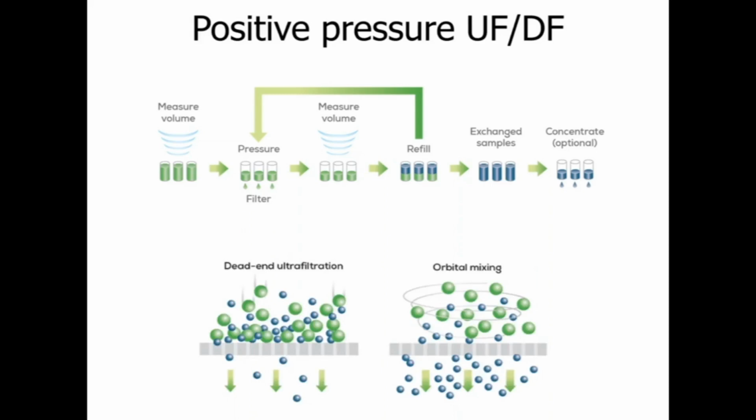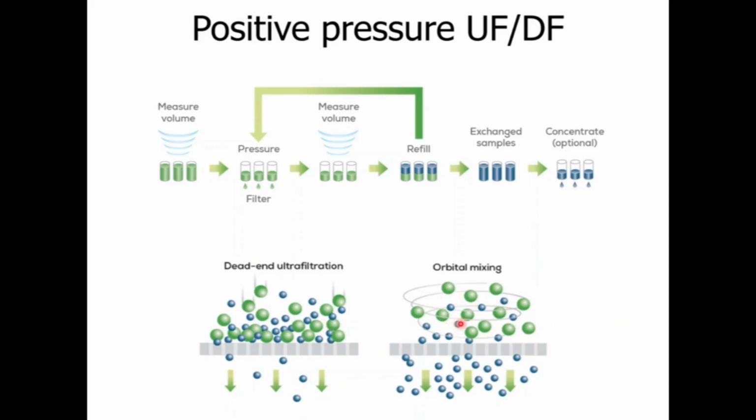You might think this is just like using a centrifuge, but in contrast to dead-end ultrafiltration, we are avoiding the risks of crowding. So in a centrifugal filter device, you press the sample against the membrane. So there's membrane crowding that can lead to adsorption, it can lead to clogging, it can also lead to precipitation of your sample.